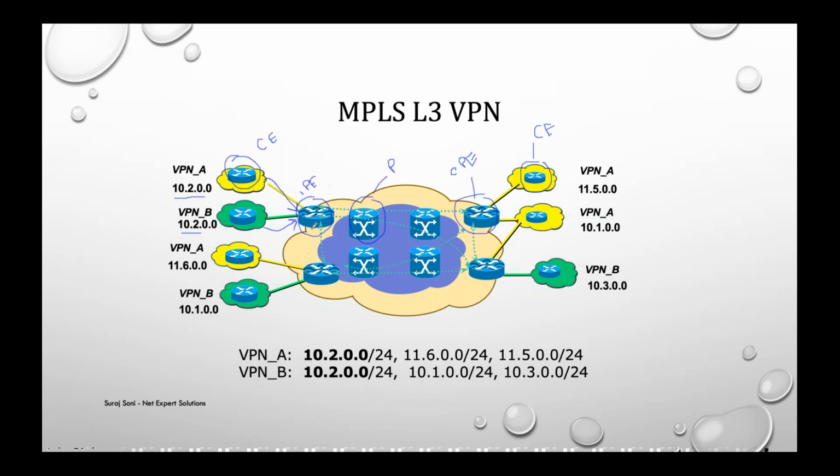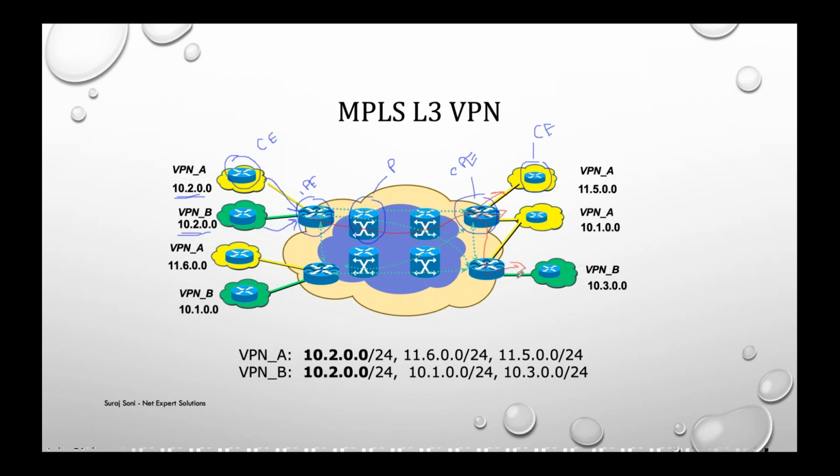So the service provider needs to do something at their end. The customer doesn't care about it, but the service provider needs to do something so that the green customer's 10.2.0.0 should be different from the yellow customer's 10.2.0.0. When they are advertised across my entire service provider cloud and land at the destination, yellow should go to yellow and green should go to green.